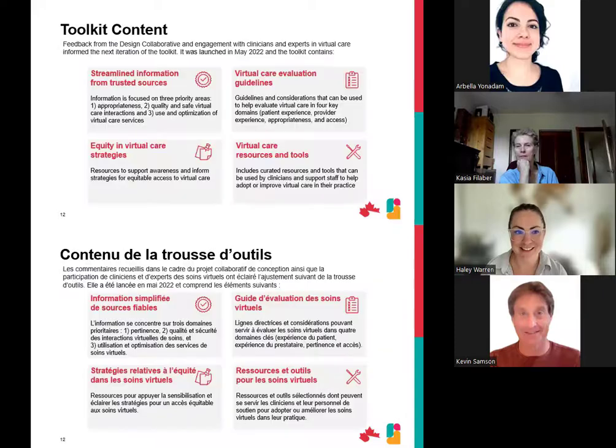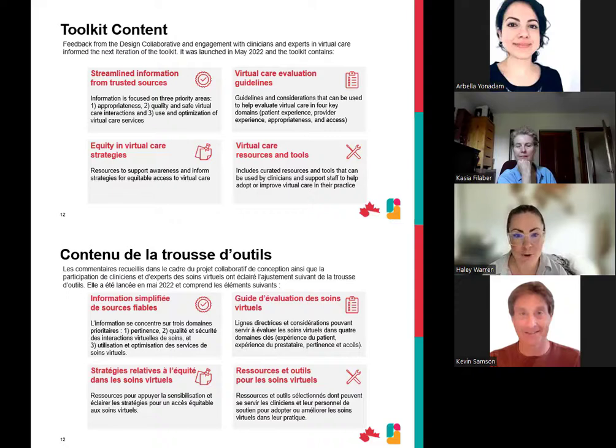Next slide, please. So moving a long way from a repository of resources, the toolkit now contains 4 major sections of content that you see here. Streamlined information from trusted sources, like those on the last slide, from those priority areas of appropriateness, quality and safe virtual care interactions, and the use and optimization of services.